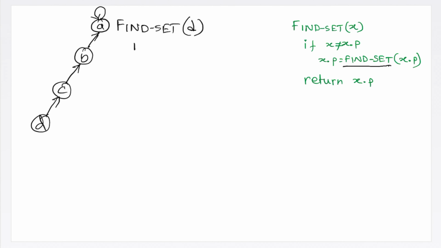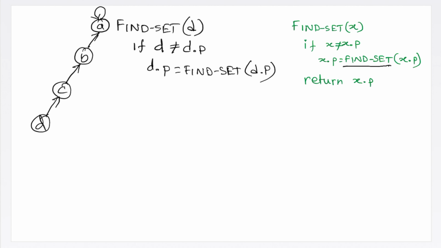What we are saying is, if D is not equal to D.p, because this is what is written in the algorithm, we are replacing x with D. In that case, D.p is equal to findSet(D.p).